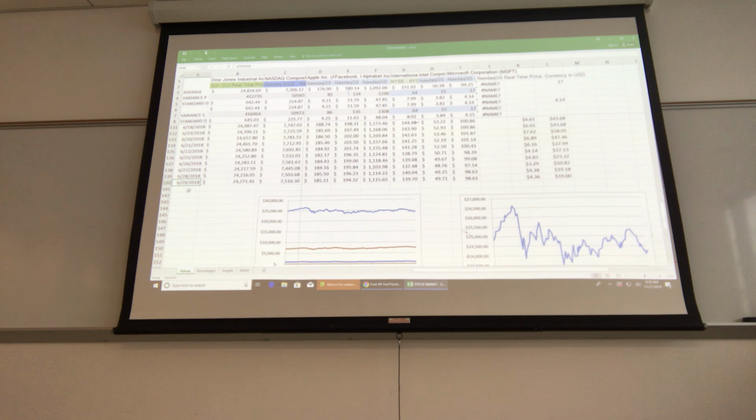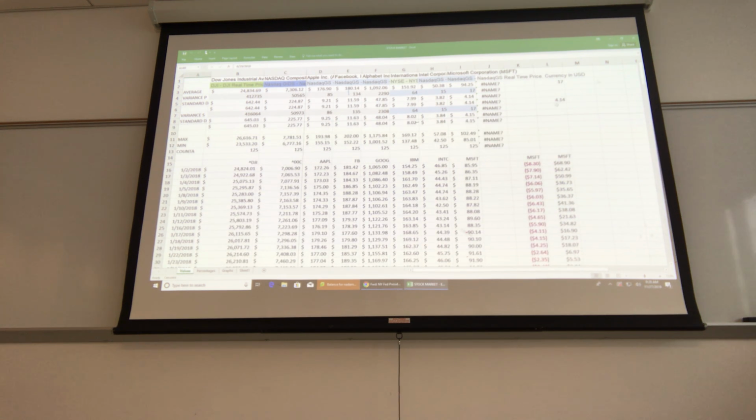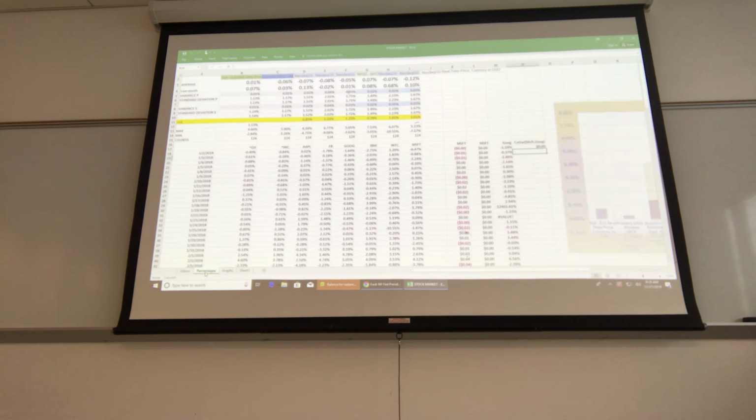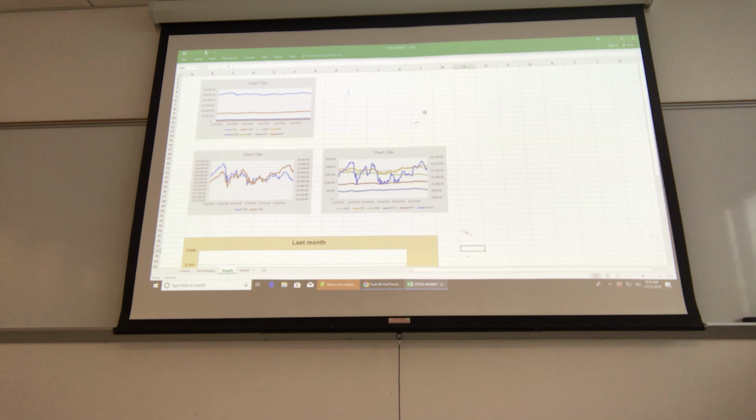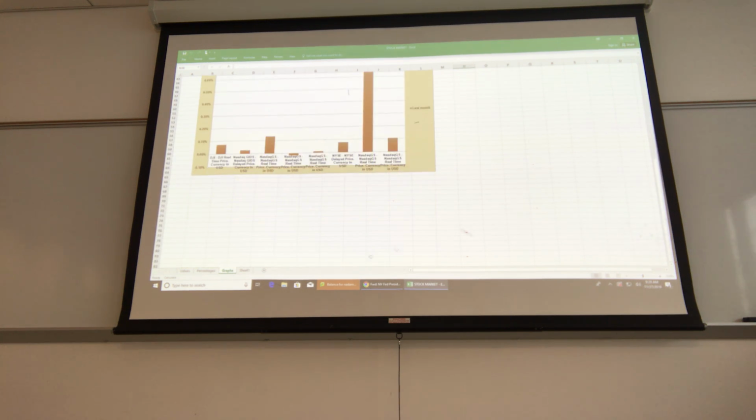It's a spring term. You have the data, and then from the data as values, we evaluate the percentages. We keep things on the same side. Then we make different graphs. And from the different graphs, we have something to say.